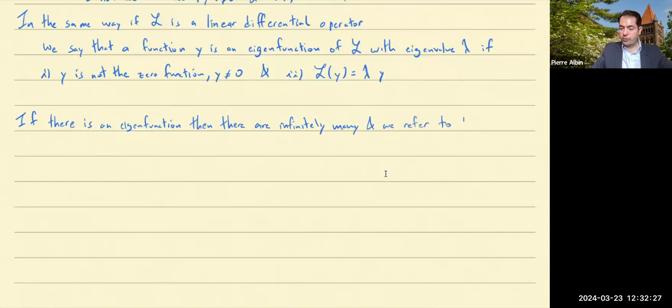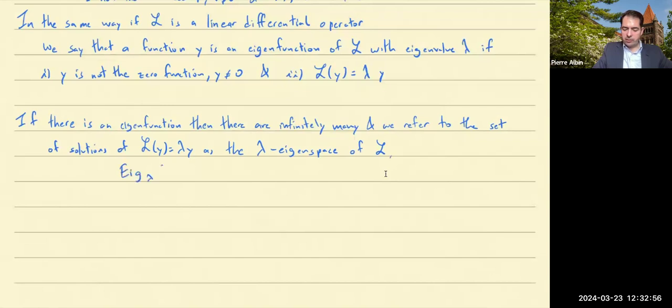And we refer to the set of eigenfunctions, well, really to the set of solutions of L of y equal lambda y, as the lambda eigenspace of L, and we denote it eig sub lambda of L. So just all of the y's such that L of y is lambda y.